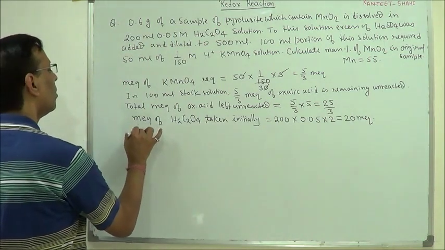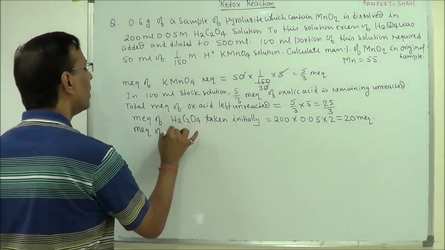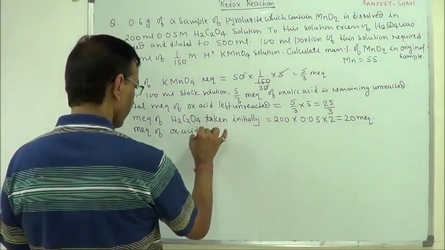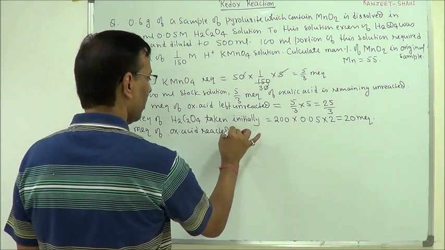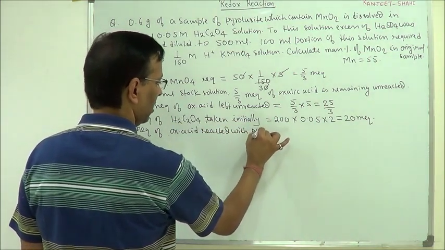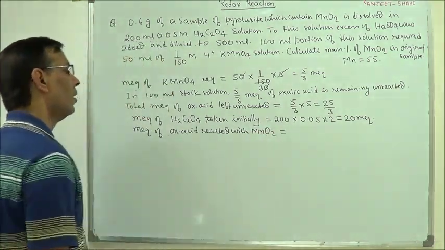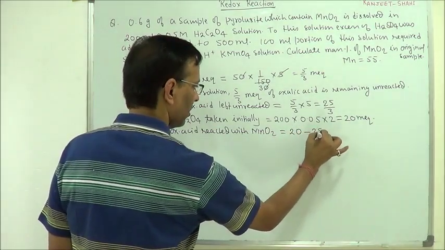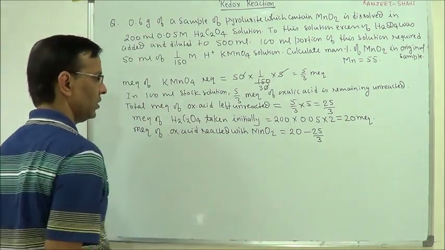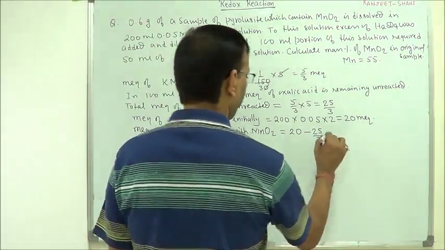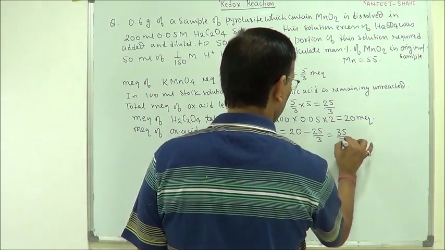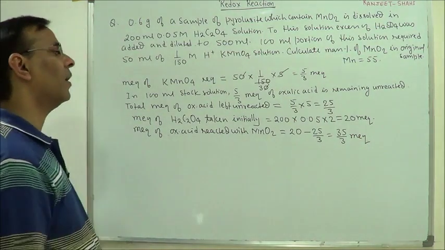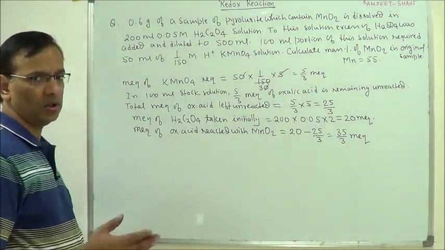So milliequivalent of oxalic acid reacted with MnO2 is equal to taken initially minus left, so 20 minus 25 by 3, 35 by 3 milliequivalent, and this will be the same as the milliequivalent of MnO2 present in the original sample.